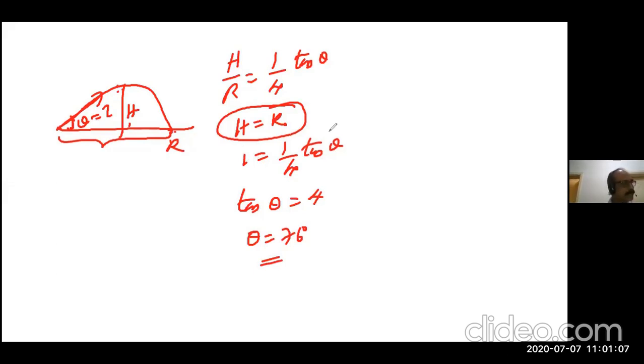Can we go to the next question? A projectile has a range of 50 meter and reaches a maximum height of 10 meter.